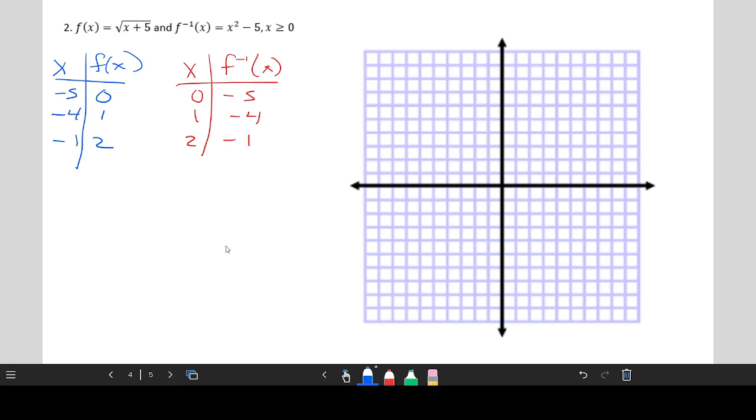Here's another pair of inverse functions we looked at. We started with square root of x plus 5. We found its inverse function, which required restricting the domain on a quadratic. And we're going to see here just another reason why that restricting of the domain is important. So let's graph these.